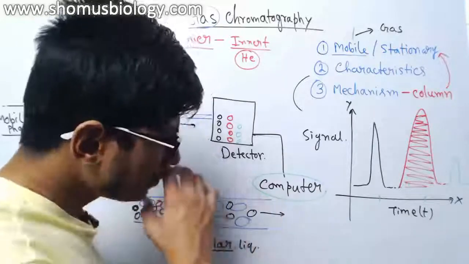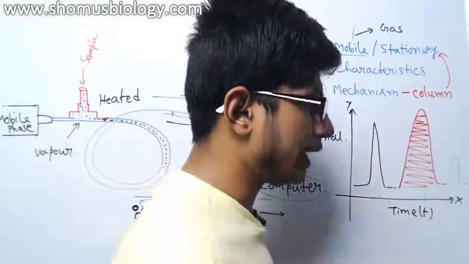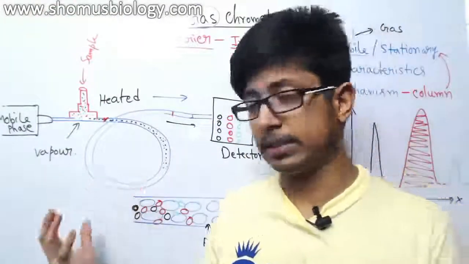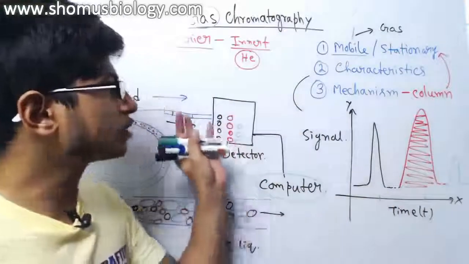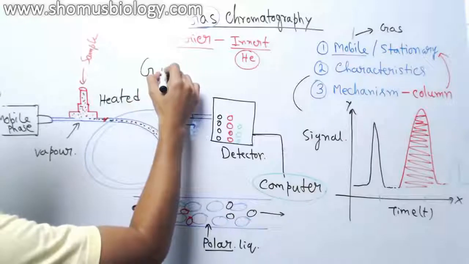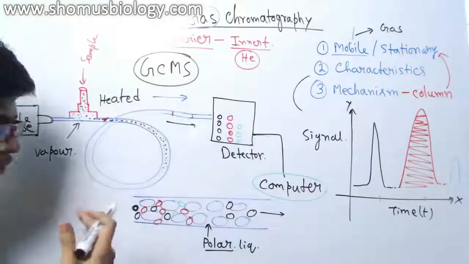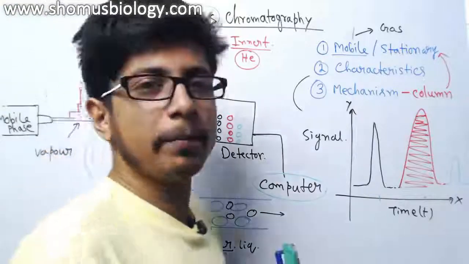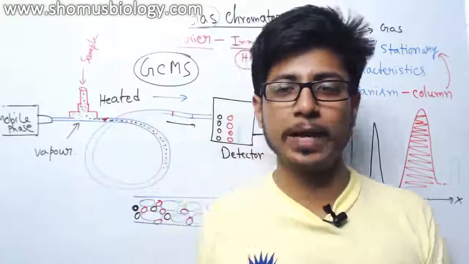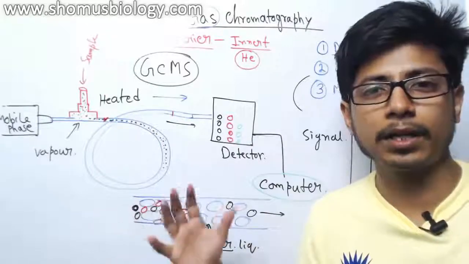Now nowadays we not only use this graph to analyze and find out the number of chemical compounds present in the sample, we couple this gas chromatography with mass spectrometry, which is called gas chromatography mass spectrometry, or GCMS. This is a new modern approach of coupling mass spectrometry with gas chromatography so that we can get a confirmed idea about what chemical compounds we are dealing with.